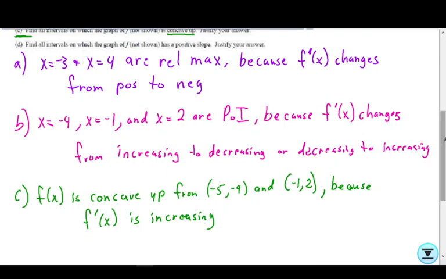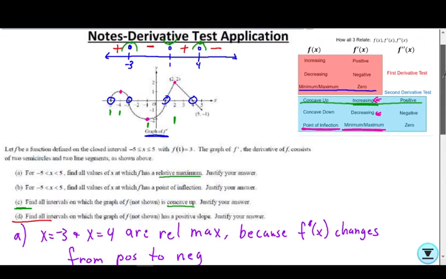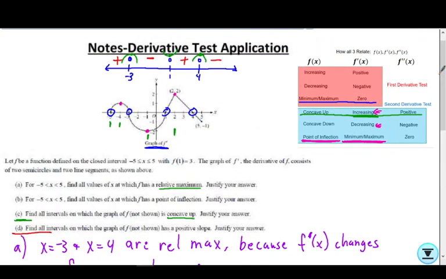And then the last part, part D: find the intervals in which the graph has a positive slope. Justify your answer. Well, the derivative is slope. So basically, we're looking for where the derivative is positive, because that's where my original function is increasing.